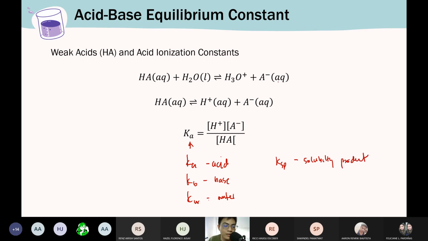Meron pa nga tinatawag na Kf, a formation constant. Marami pa yan. Basta K, it tells you that it is an equilibrium. Ka meaning it is for acid, the equilibrium constant for the acid.